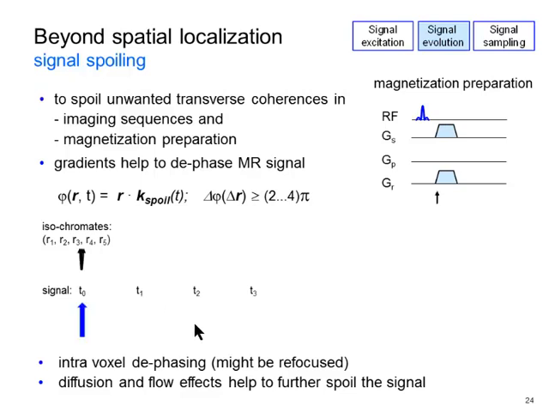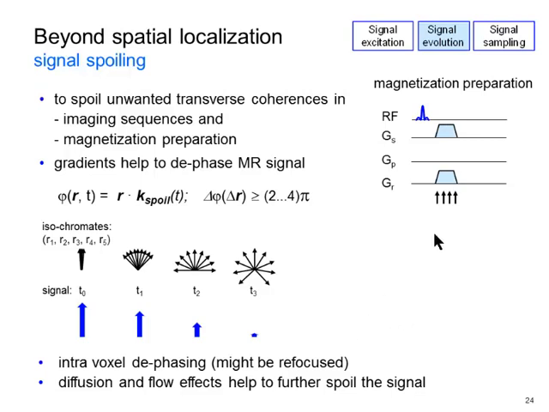And we have already discussed this at the beginning. You see very nicely, if you are applying a gradient as a function of time, the signal decays. If diffusion and flow are furthermore involved, the signal can't be refocused in the upcoming experiments, and you have to make sure that no refocusing can take place.